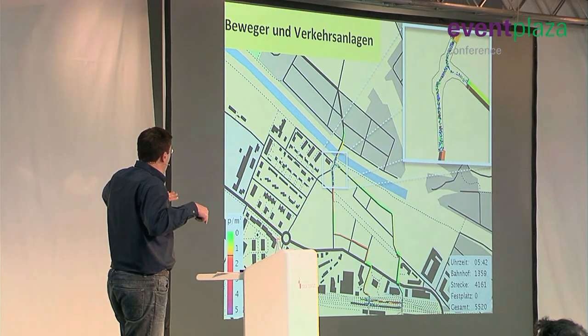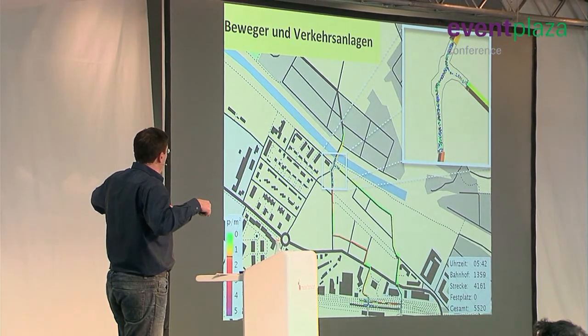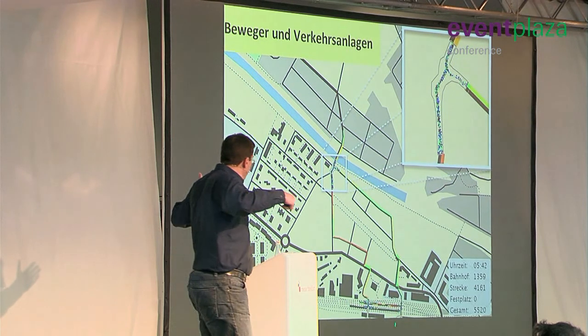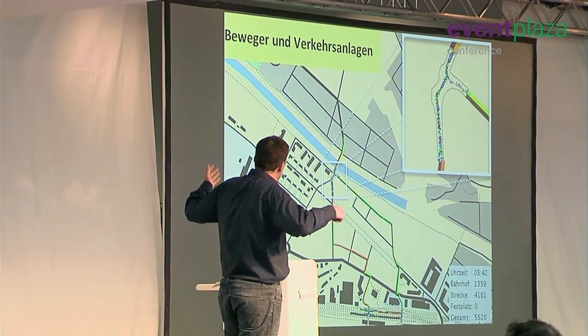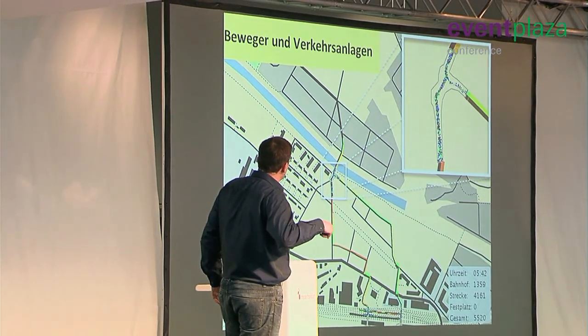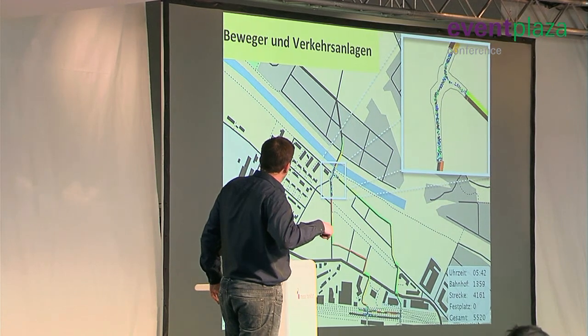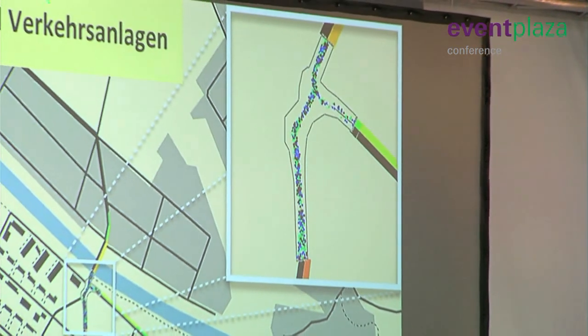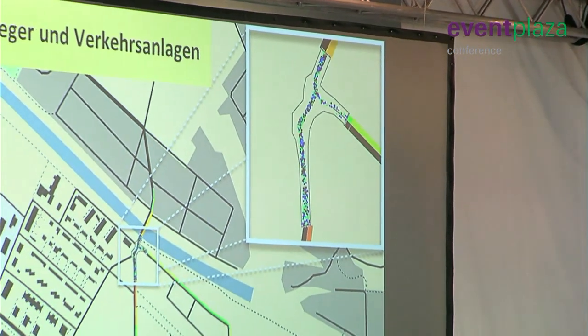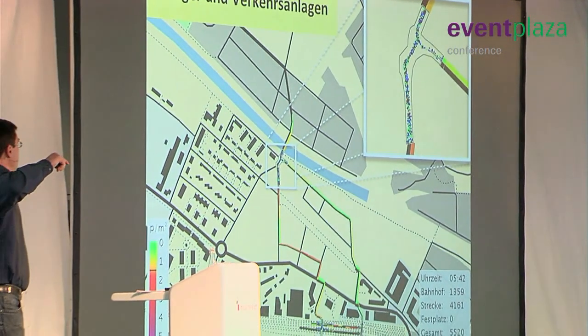So what I've been showing you in terms of examples were really minor details. If you take a look at the larger picture, you could see access roads for an event. You can see a station here, so obviously trains would be arriving here, people would walk over here, and then they would come up to the fair area.